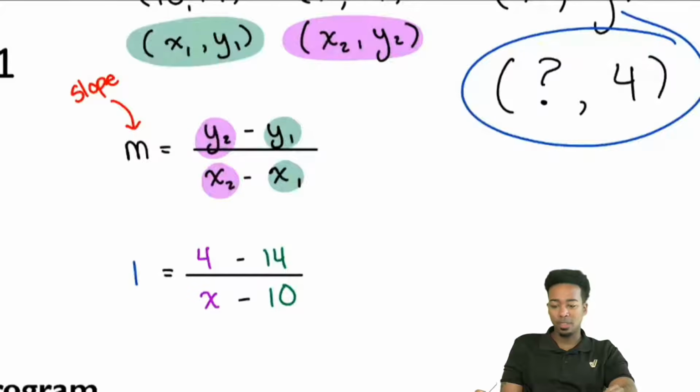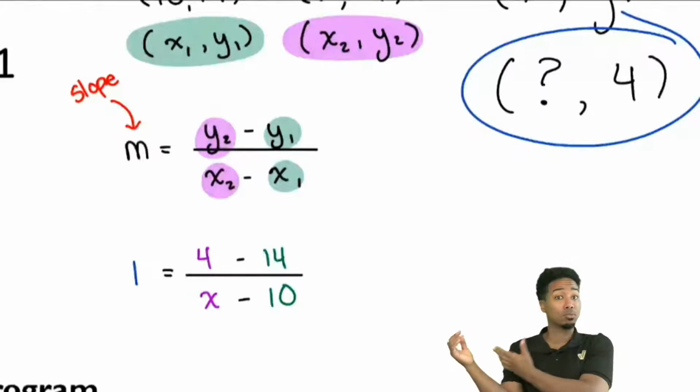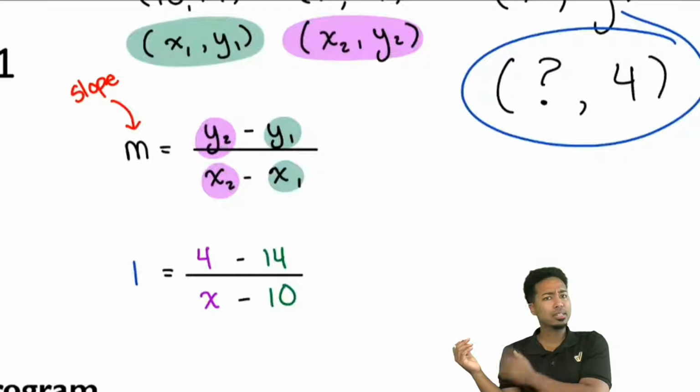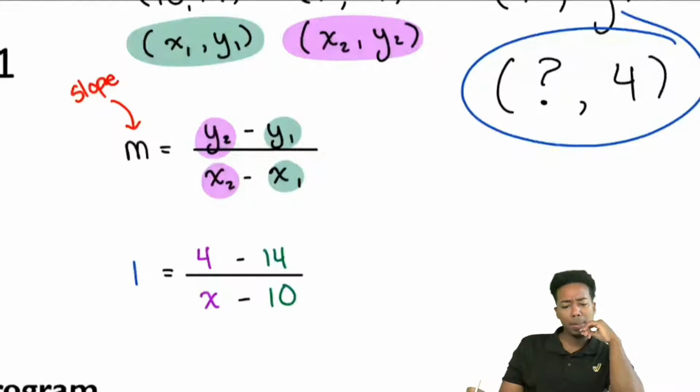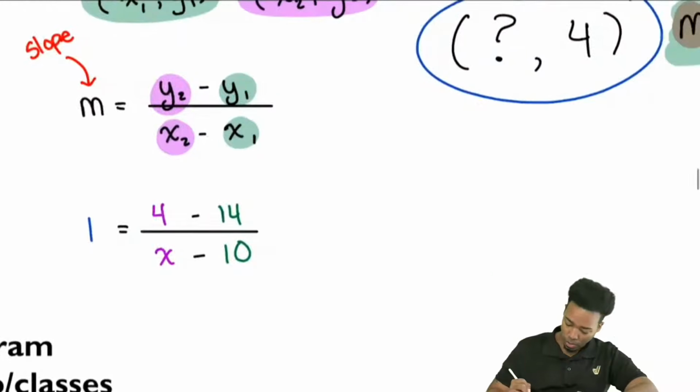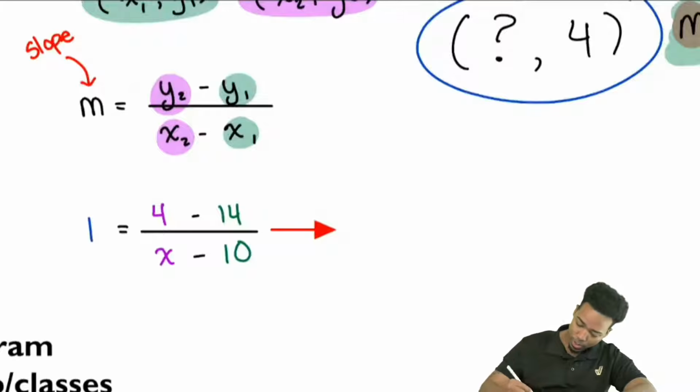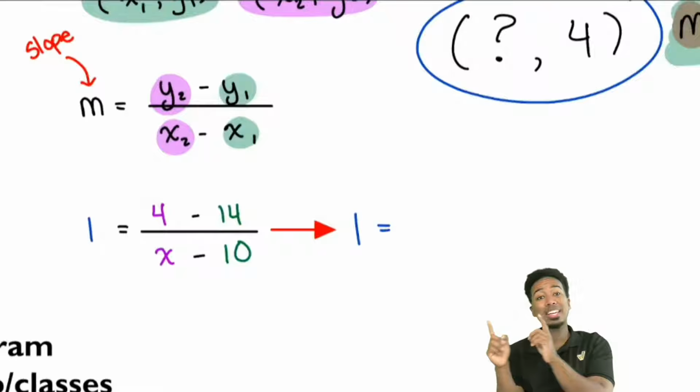Yeah, that's right. Landa, Jocelyn, we can go ahead and subtract the top. But let's make sure we know how to handle negatives, right? What is 4 minus 14 going to be? Correct. That's going to be negative 10. So let me go ahead and just move this over here. So this will end up becoming, again, 1 equals, and so again, 4 minus 14.